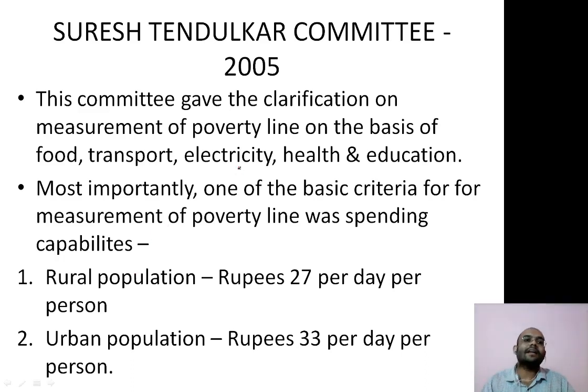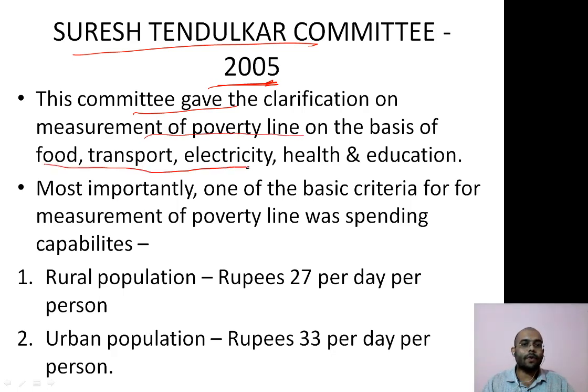Then after that, the Suresh Tendulkar committee was formed after 12 years in 2005. This committee gave the clarification on measurement of the poverty line on the basis of food, transport, electricity, health as well as education. Most importantly, one of the basic criteria for measurement of the poverty line was spending capabilities.